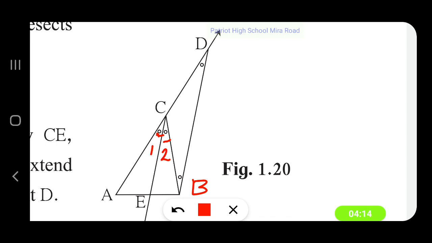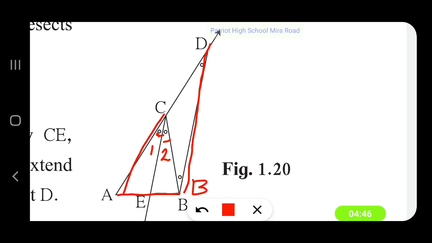Now we had drawn BD parallel to EC and AC produced further intersects the parallel line in point D. So now a new triangle is formed, triangle ABD.